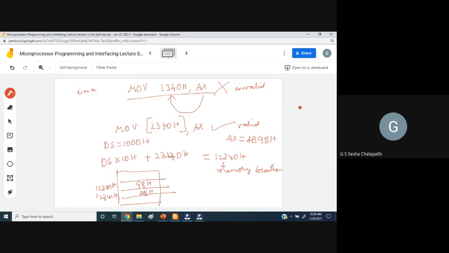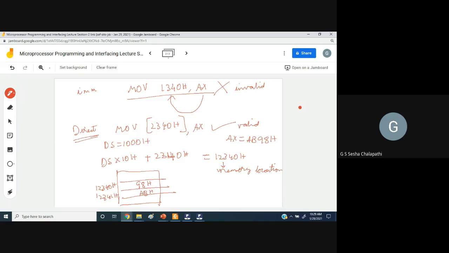So 12340H will contain 98 and 12341H will contain AB. This particular memory location will have the contents of AX after this instruction is executed. So this is also an example of a direct addressing mode.